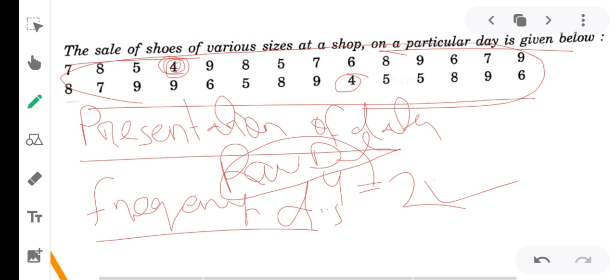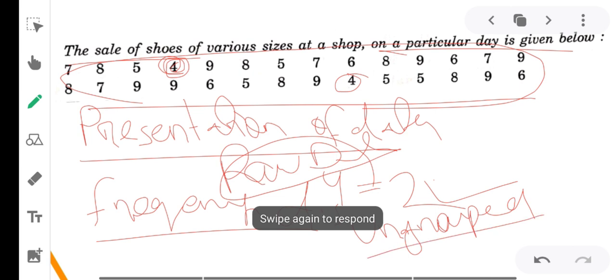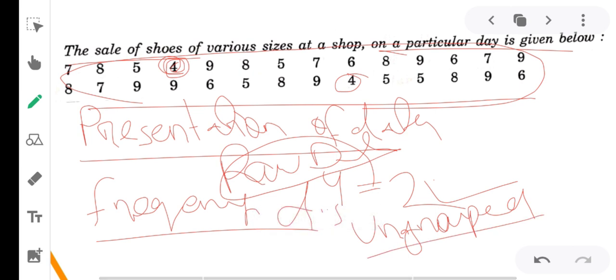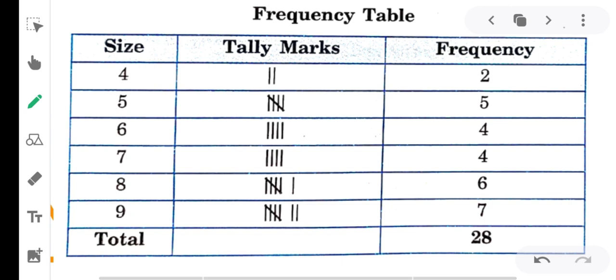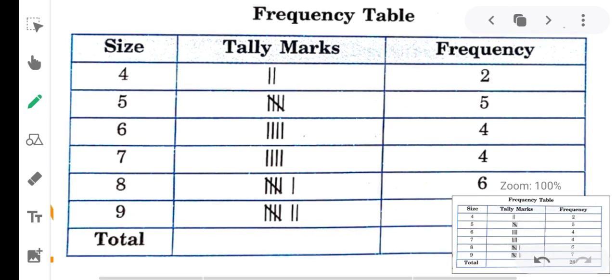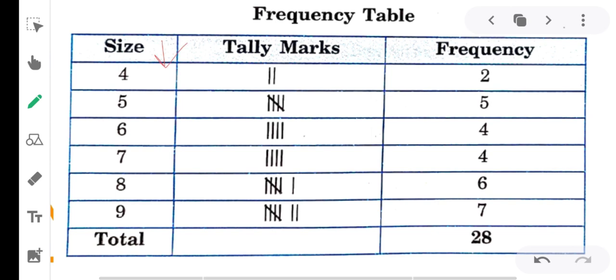So that is known as raw data, or we can say ungrouped data. Now look at the frequency table. In this column, write down the size of the shoe: 4, 5, 6 and so on. These are the sizes of the shoes.